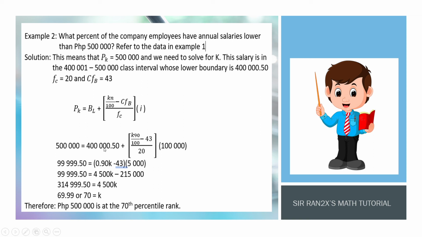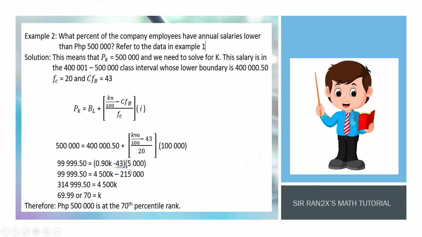Now simplify also here: k times 90 over 100 is the same as 0.90k, minus 43. We just copy that, times 5,000. Why 5,000? You can cancel 20 and 100,000, and it becomes 5,000.